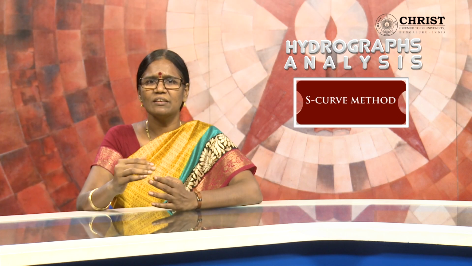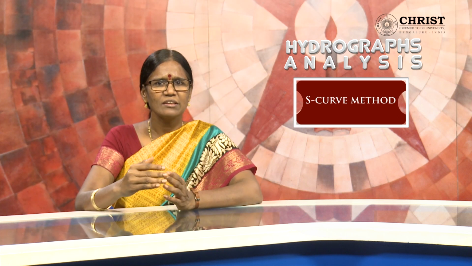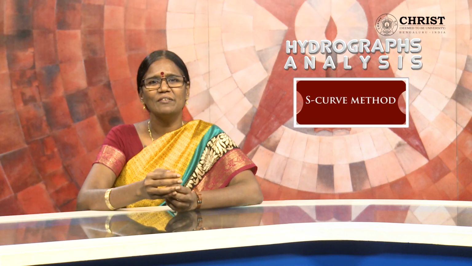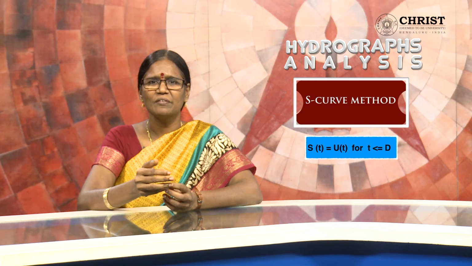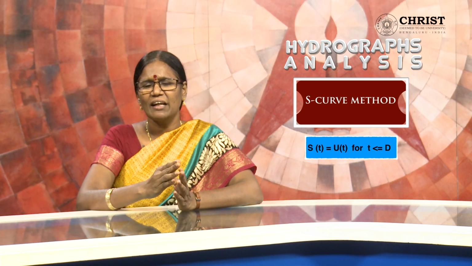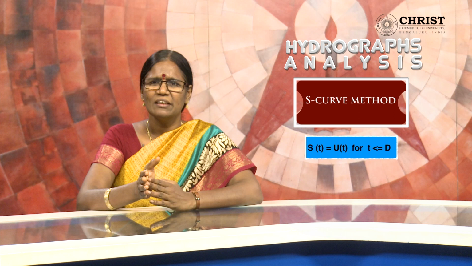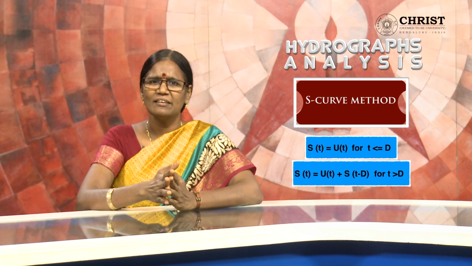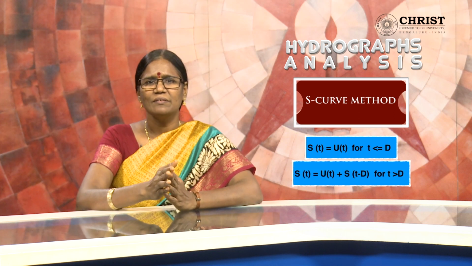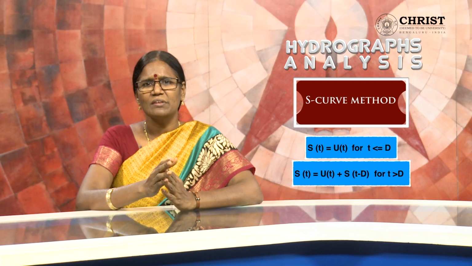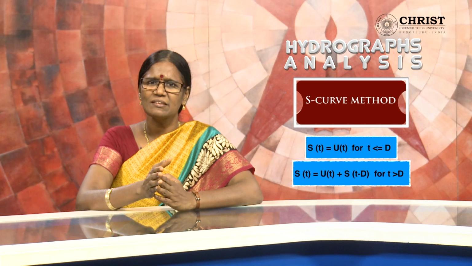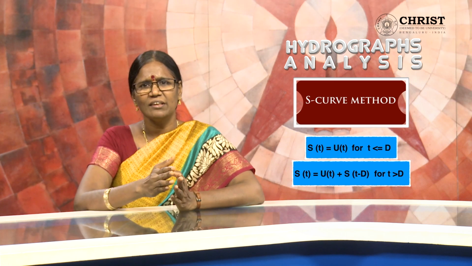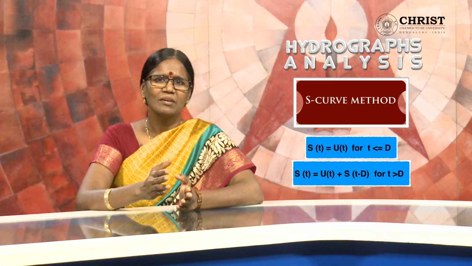To construct the S curve, from the basic property of the S curve, the ordinate of the S curve at any time t equals the ordinate of the unit hydrograph at time t for time less than or equal to d. If time is greater than d, then the ordinate of the S curve at time t equals the ordinate of the unit hydrograph at time t plus the S curve addition for the time difference between time t and duration d.